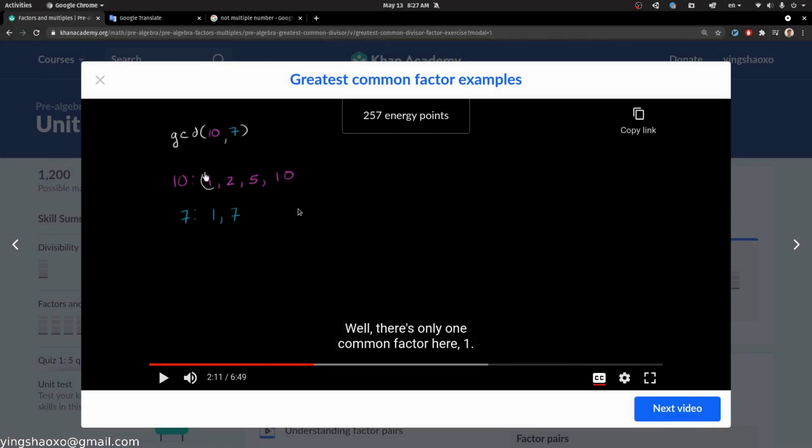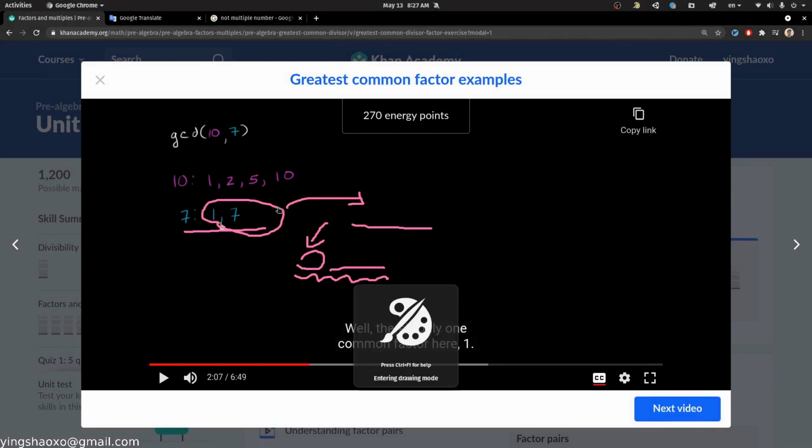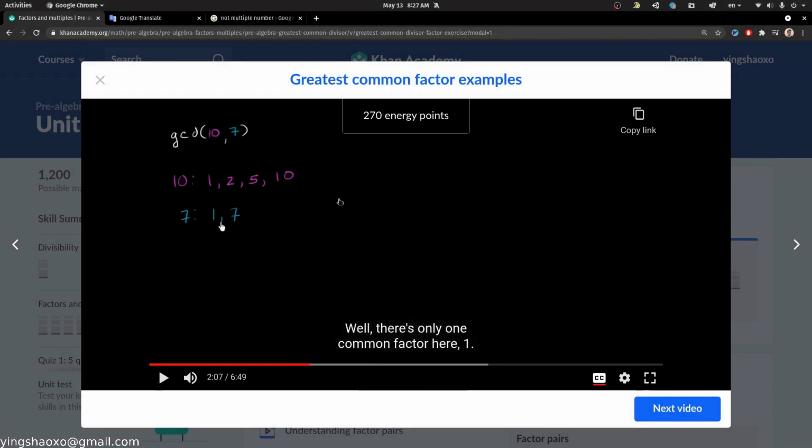You know what I was thinking about? I was thinking that we can also write a program for it to automatically get the greatest common factor or divisor. First we get both numbers in factorization as two lists. Then we do a comparison. We get the common part, and for this one it's 1 and 1. Then we get a third list, a new list, and for this list we get the max value out of it.